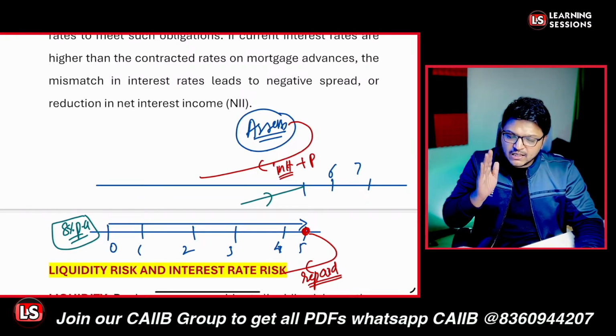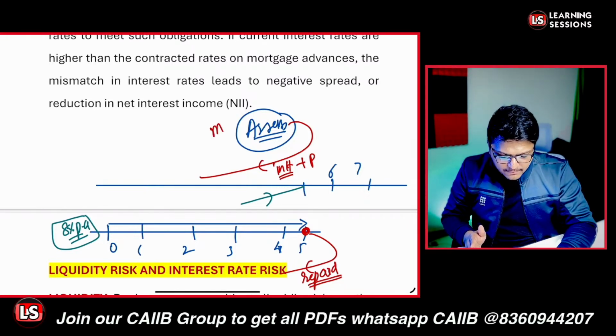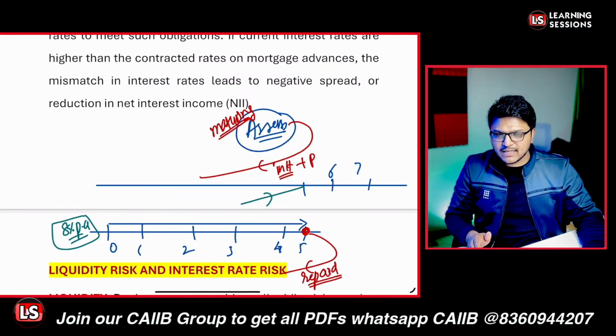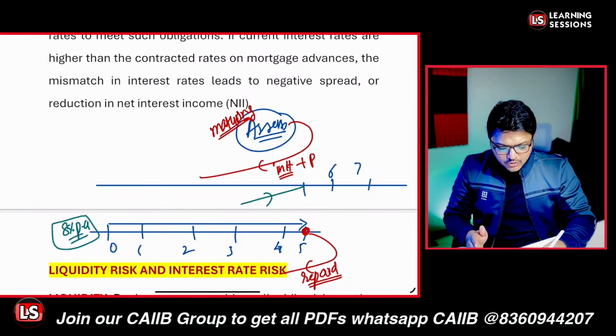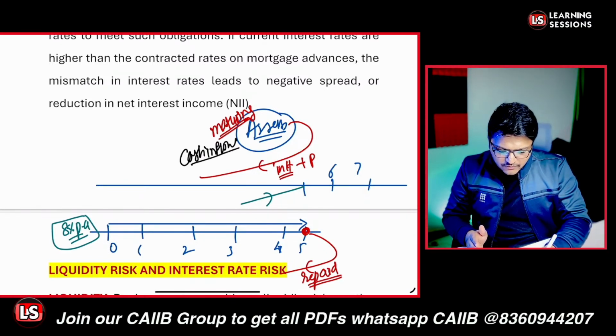So we are basically receiving the money from the maturing assets. In case of the maturing assets, we are earning a yield. So there is a cash inflow in case of the assets.